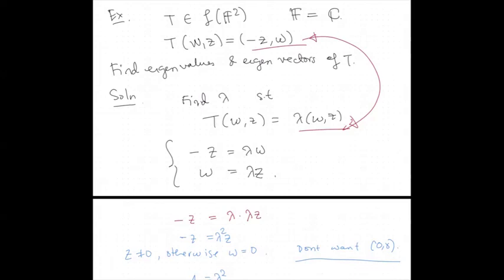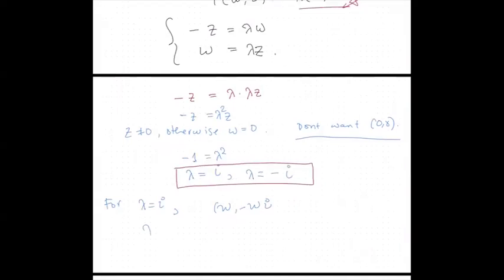And then for lambda equal to negative i, we get (w, wi). These are the eigenvectors corresponding to i and negative i.